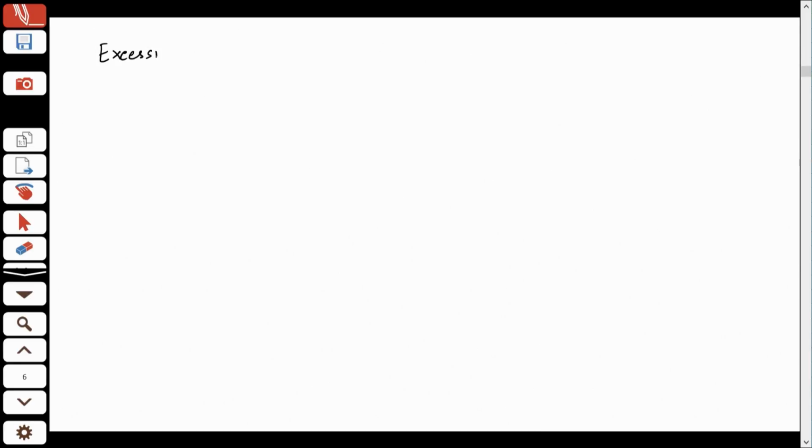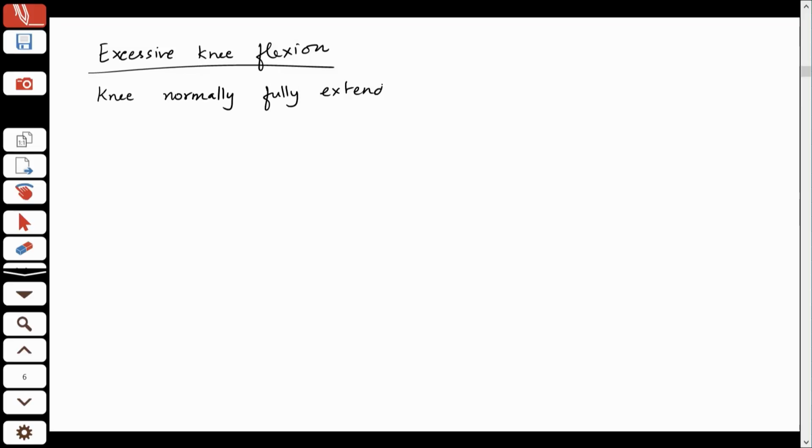Yet another instance is when you have excessive knee flexion. So, during gait, the knee is fully extended when? When does the knee become fully extended?